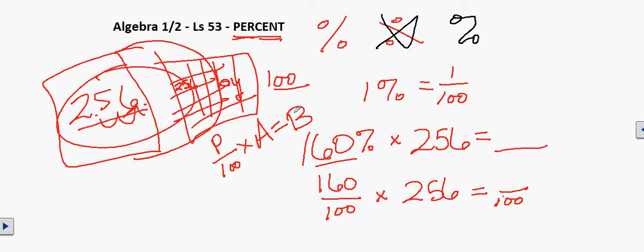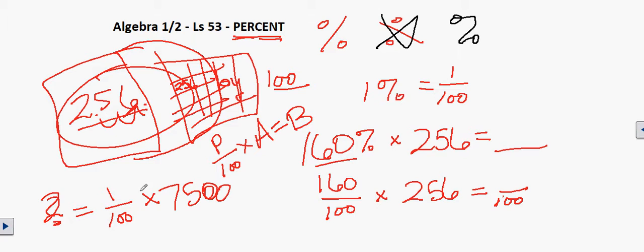Now for your practice problems, they have pretty simple numbers here. For example, what is 1% of 7,500?